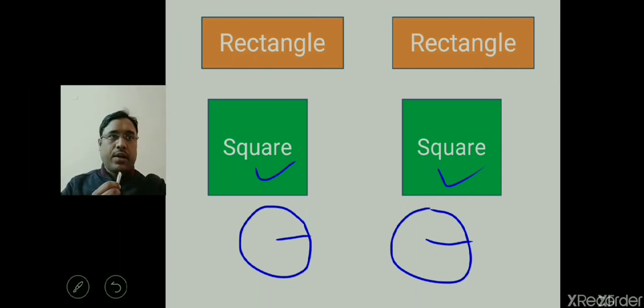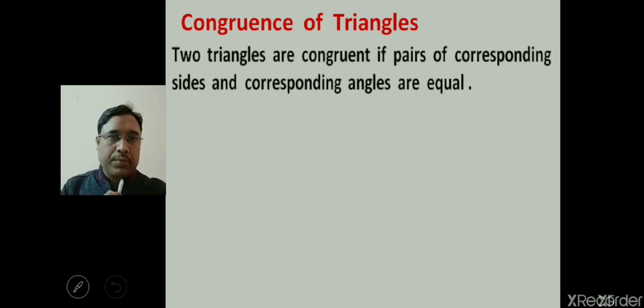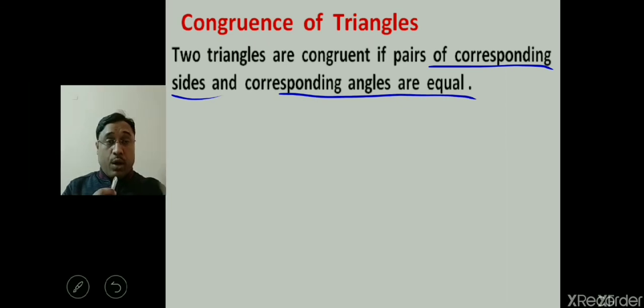Now you have to see congruence of triangles, because this chapter is mainly given for congruence of triangles. Then we have to study some conditions. First of all, two triangles are congruent if pairs of corresponding sides and corresponding angles all are equal. That means corresponding sides and corresponding angles should be equal, then only the two triangles are congruent. The conditions also you will see.